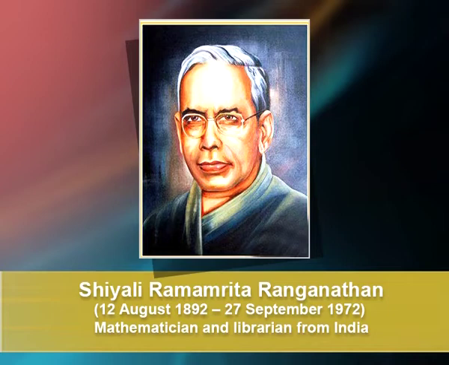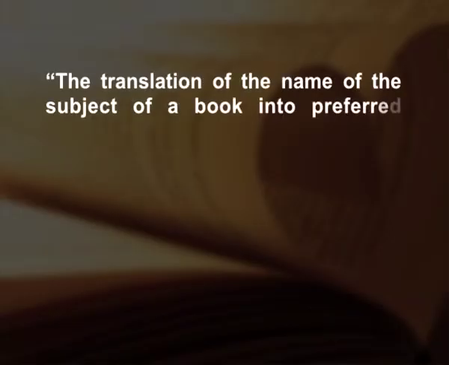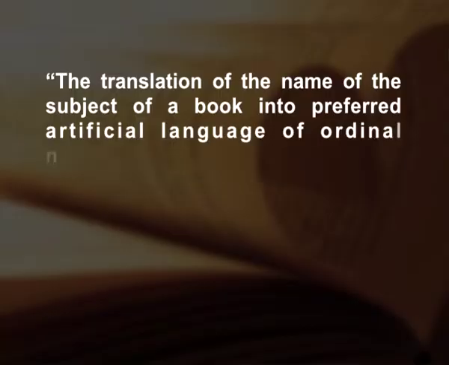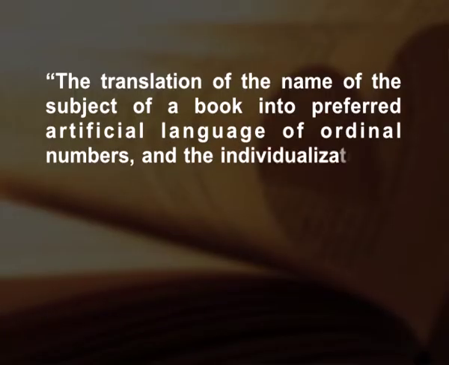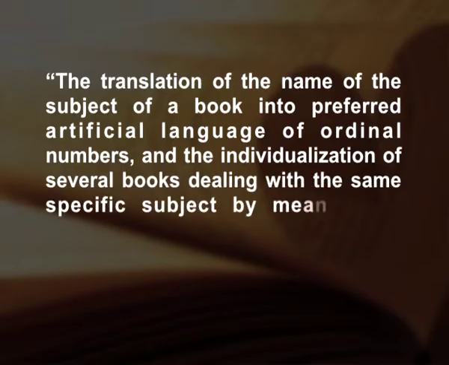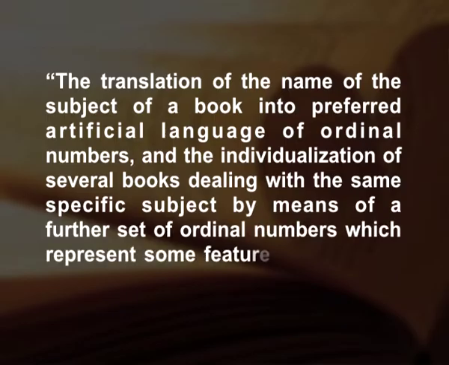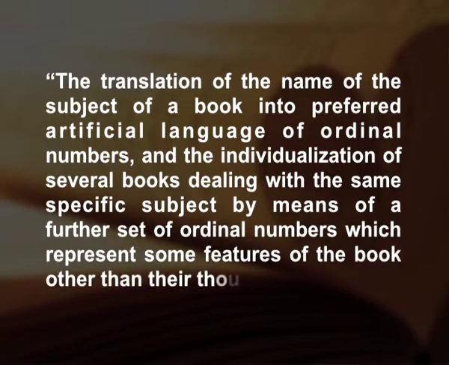Dr. S.R. Ranganathan defines library classification as the translation of the name of the subject of a book into a preferred artificial language of ordinal numbers and the individualization of several books dealing with the same specific subject by means of a further set of ordinal numbers which represents some features of the book other than their thought content.